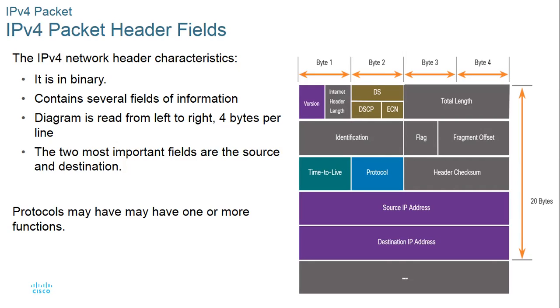Then comes 1 byte for differentiated services. Before, it was the type of service, which identifies the quality of service required for this packet to be processed. Here we can have different indications about the quality of service related to the type of media carried within this IP packet.